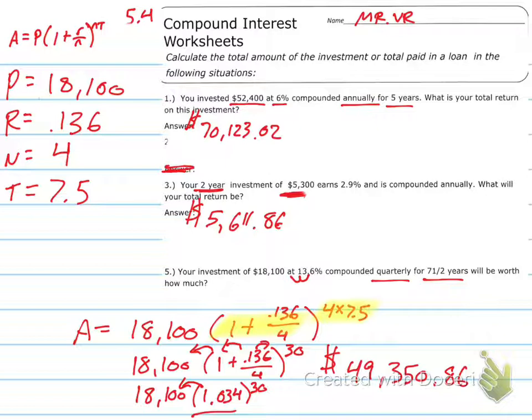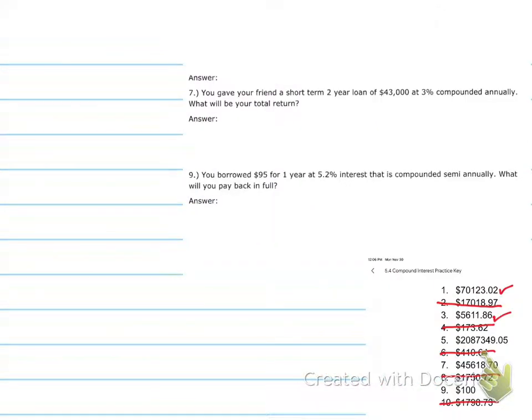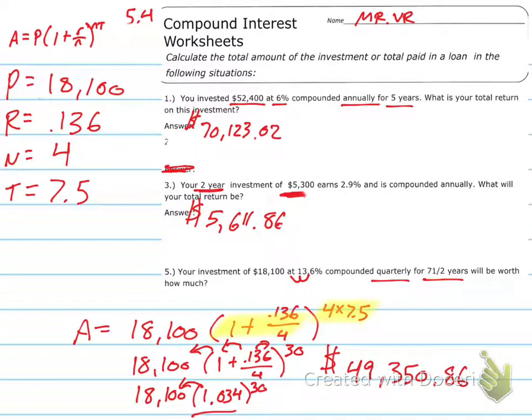Okay, so let's check our answer. It looks like I may have done this one wrong. 13.6 compounded quarterly. So let's just recheck our answer quick. So I know it's 18,000.